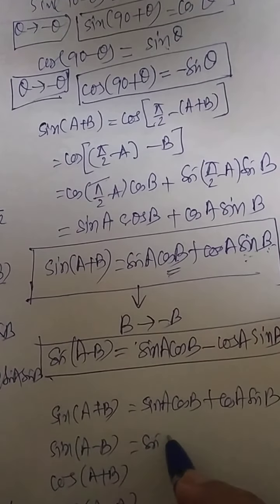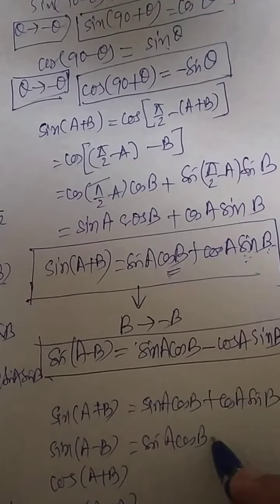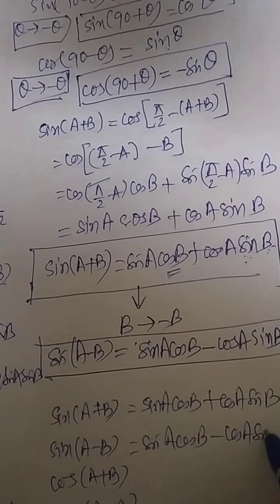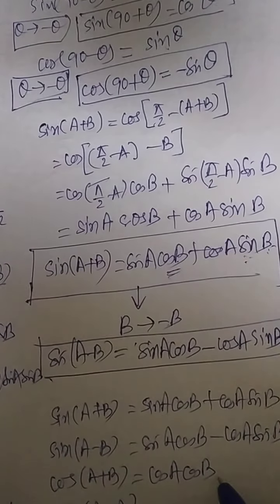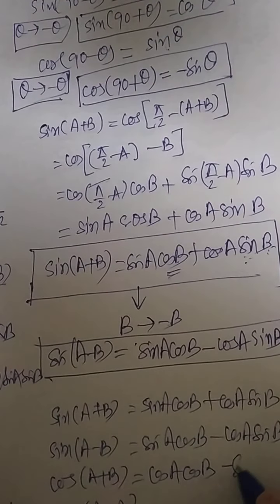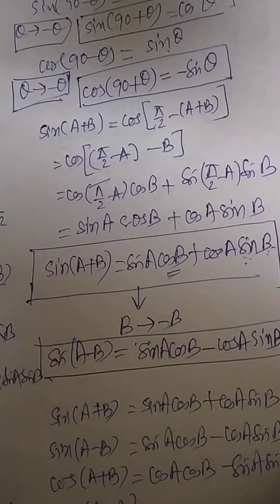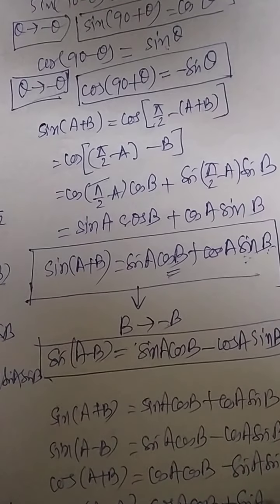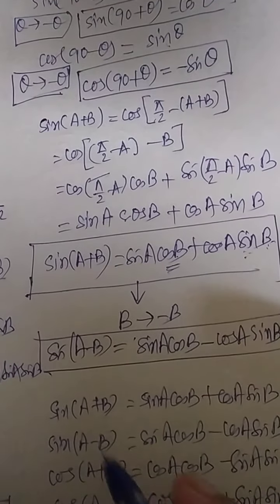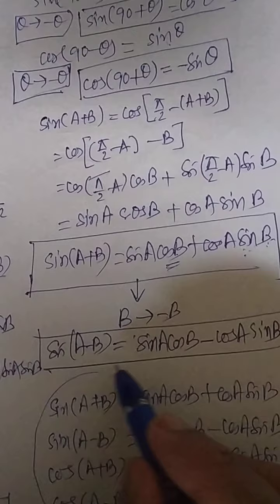This is sine a cos b minus cos a sine b. Over here, cos a cos b minus sine a sine b. And this is cos a cos b plus sine a sine b. These 4 remarks will be coming many times.